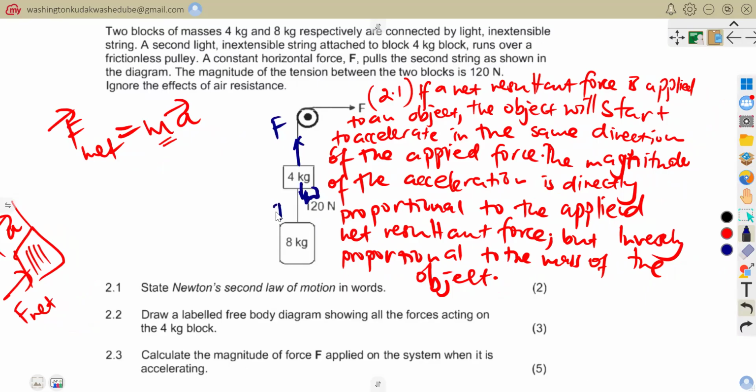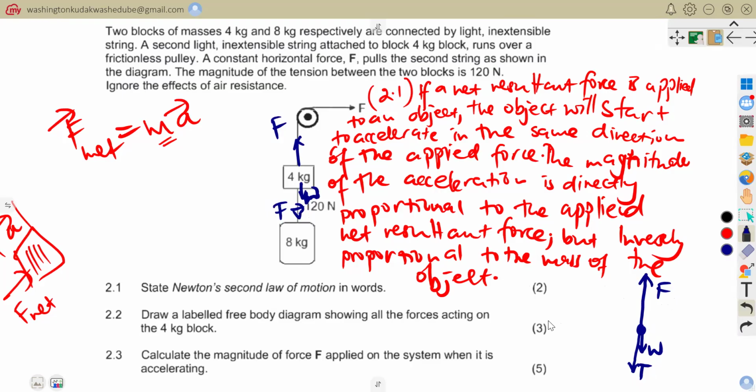After the weight, we have this tension which is within the rope. So that is what we want to represent in a free body diagram. I'm going to have the applied force, and I'm going to have my tension. After having my tension, I'm going to have my weight. So that is what you were expected to do in terms of drawing a free body diagram.